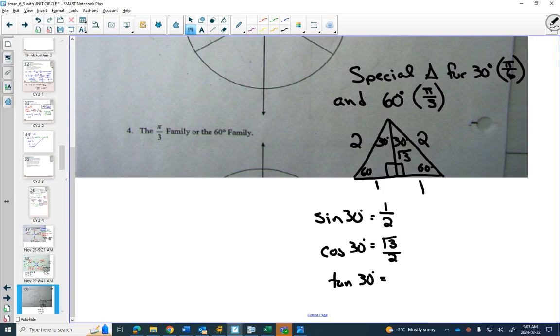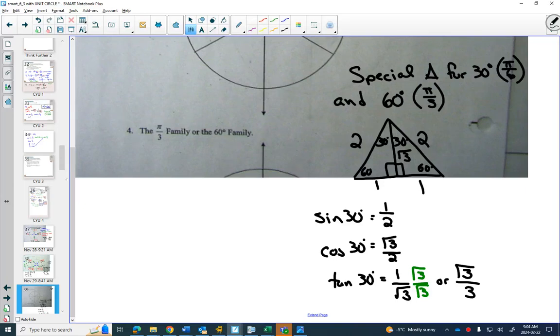Tan, opposite over adjacent, 1 over root 3. And again, we could rationalize this. So sometimes you will see it written as 1 over root 3, and sometimes you will see it written as root 3 over 3.